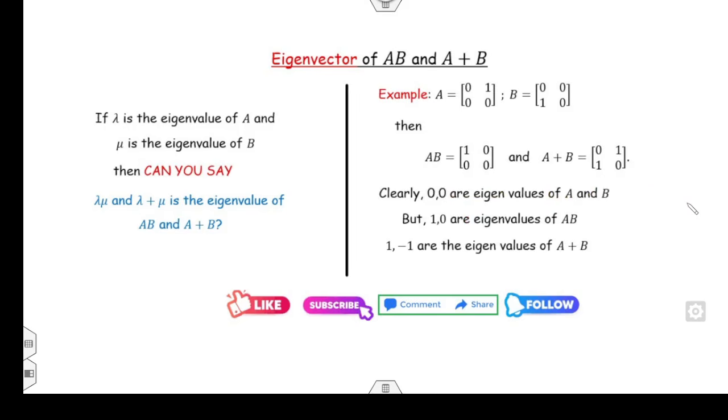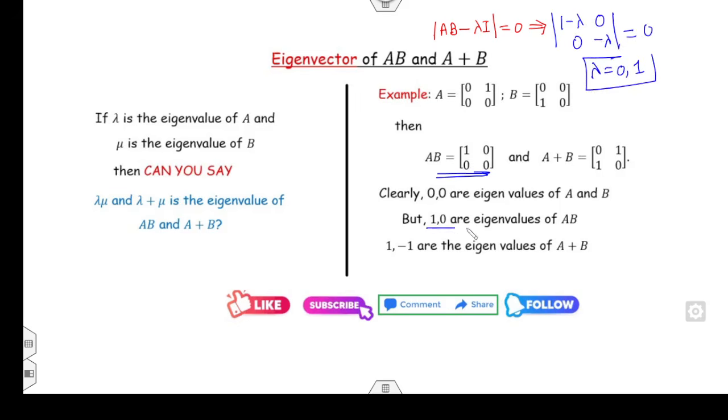Clear? Now you can see how you can find this. Again, take the characteristic equation AB minus lambda I. I can solve it for you: 1 minus lambda, 0, 0, minus lambda. If you solve this, you will get lambda as 0 and 1. But as per the definition, what happens to lambda mu?